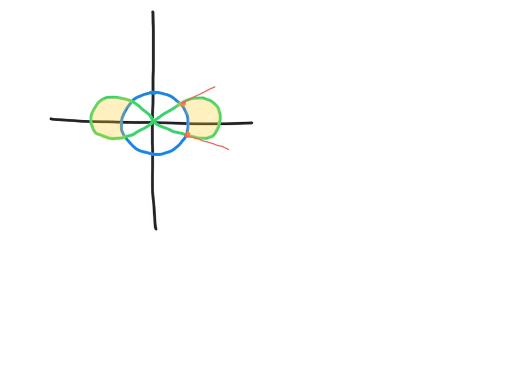So all I have to do is simply plug in the square root of 3 for r in the other equation to get the square root of 3 squared equal to 6 cosine of 2 theta. So that would be 3 over 6 is equal to cosine of 2 theta, or cosine of 2 theta is equal to 1/2.